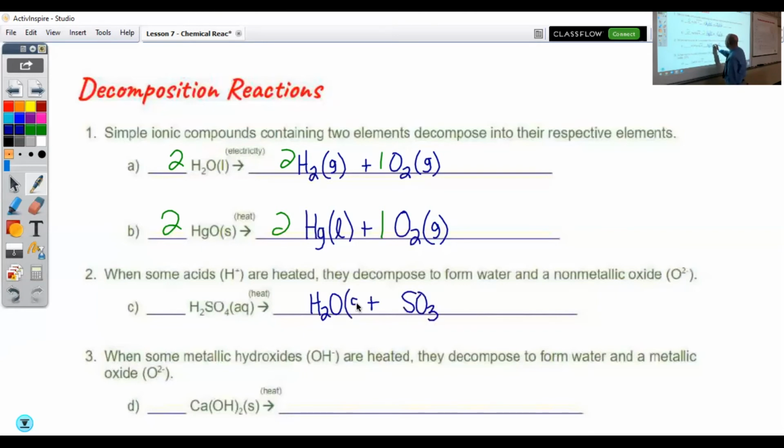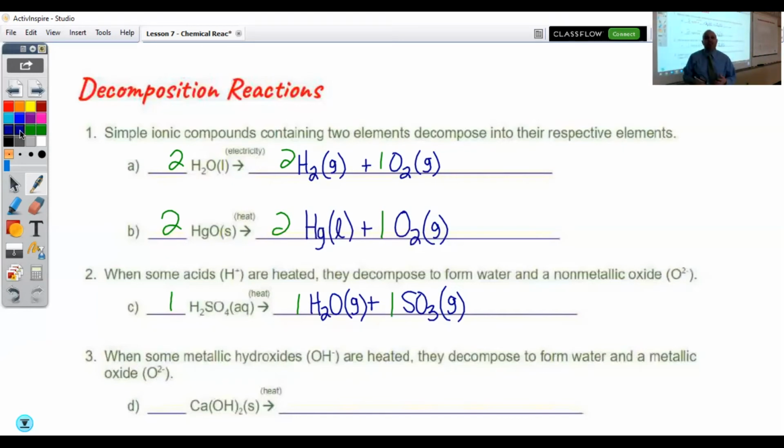Water, of course, in this case is going to be a gas. SO3 will also be a gas. Anytime that we have heat and we have water as a product, we're going to assume that we've added enough heat that that water is going to be vaporized. Okay, balancing this equation, we'll wind up with all ones here. So we're going to have a 1 here, a 1 here, and a 1 here.